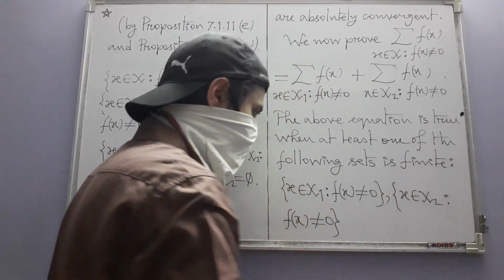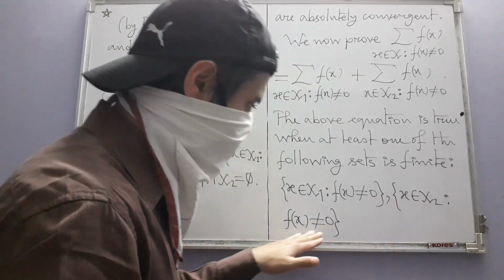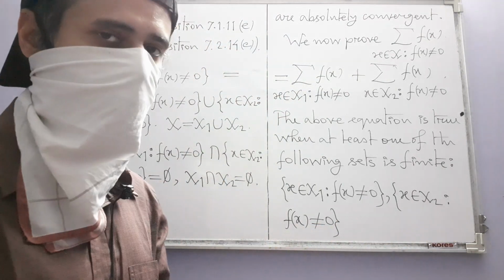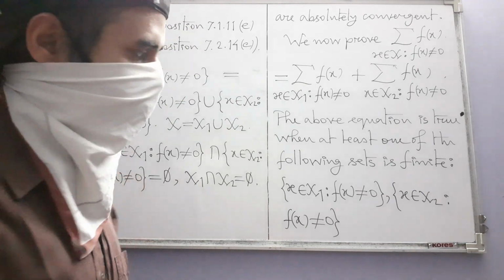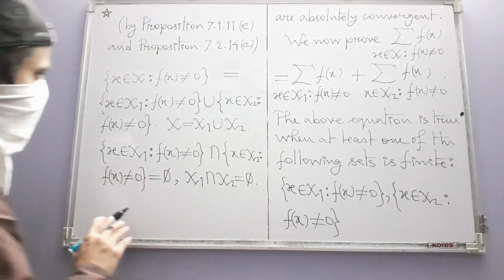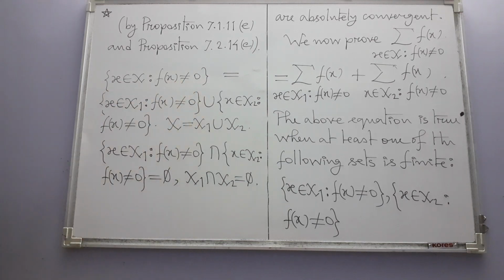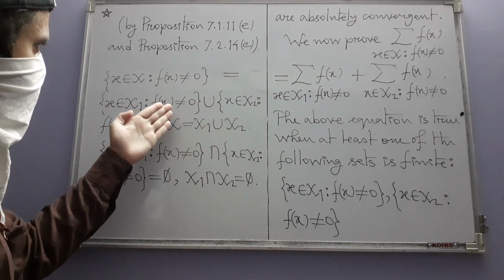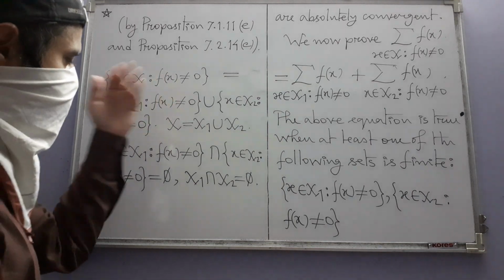But we already know that this set is at most countable. So if it is infinite, it is countable. And in that case, what can you say about this set? This is finite, this is countable, so their union is going to give you a countable set.